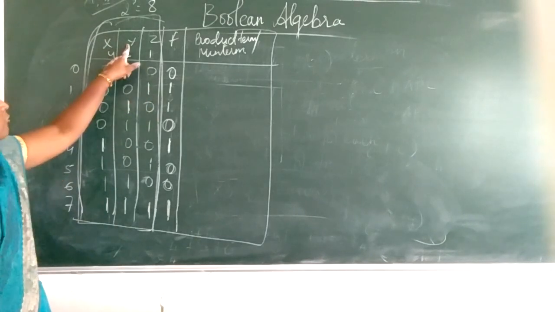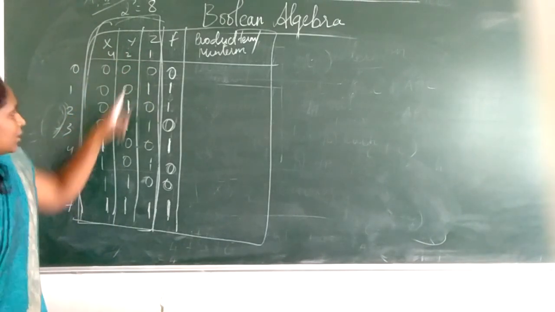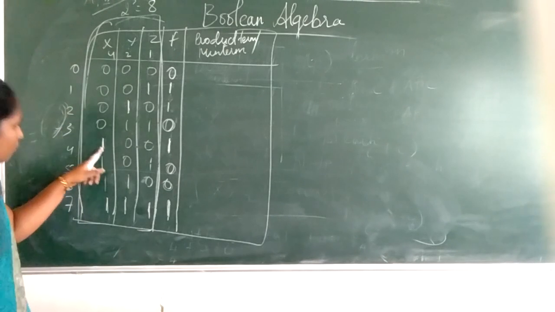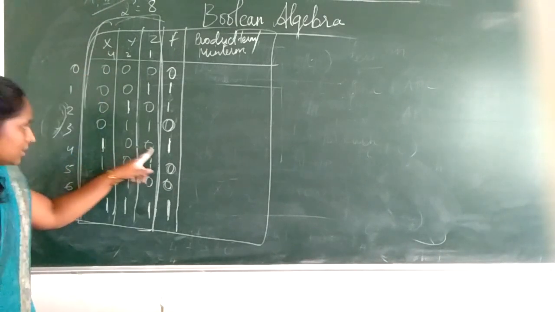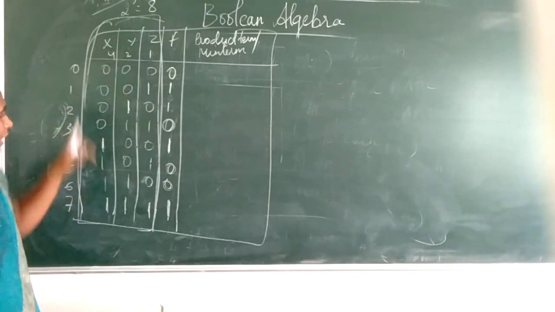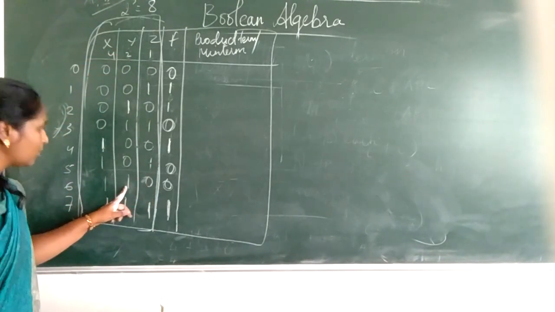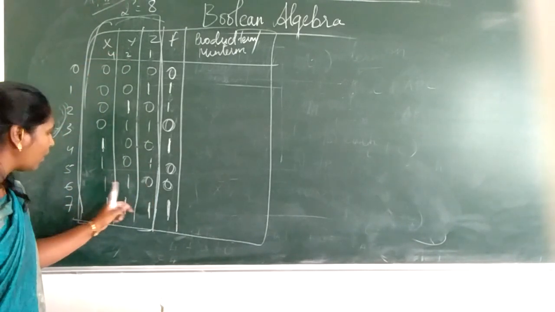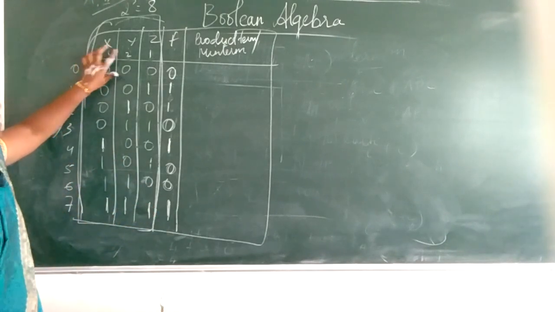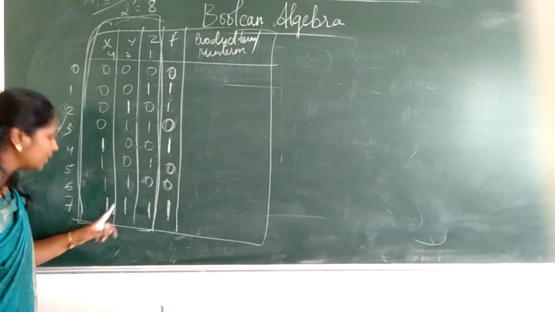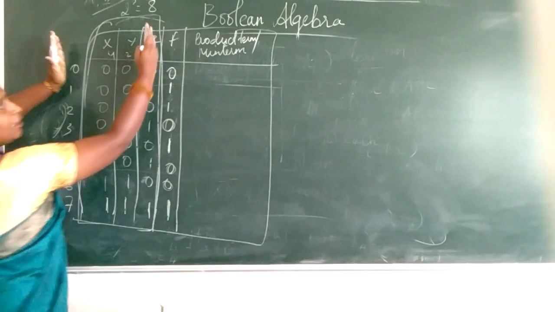For 1 it is 001, for 2 it is 010, for 3 it is 2 plus 1, for 4 there is a 1 in the place of 4 and others 0, 5 is 4 plus 1, 6 is 4 plus 2, so 1 1 0, 7 is 4 plus 2 plus 1. So till here you are writing the inputs.